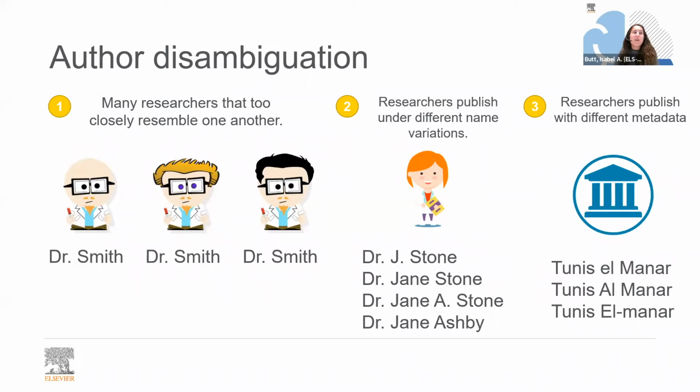Another problem that we face is that even when there's just one author, sometimes authors choose to publish under similar but slightly different name variations. For example, Dr. Stone might use variations of her name when she publishes in different journals with different requirements. Some journals say, I just want the first initial, and some journals might ask for a full name.